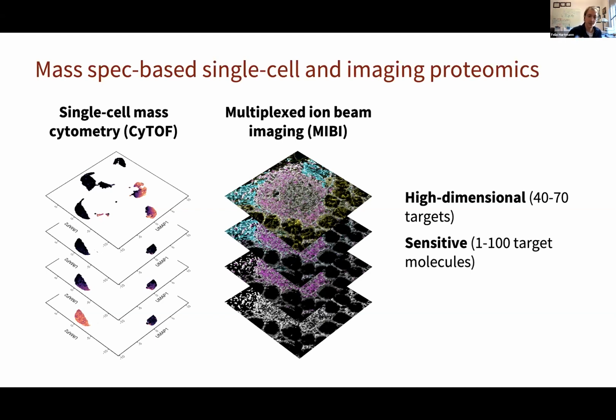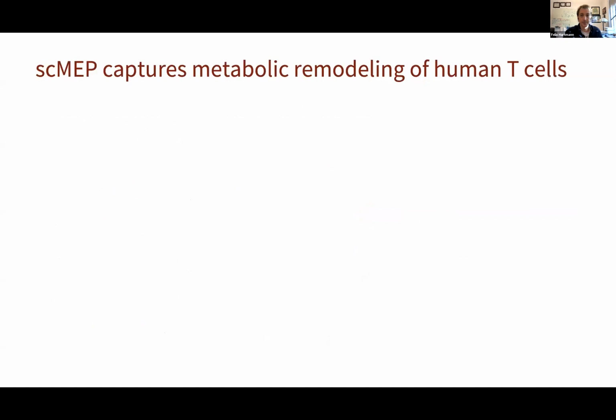In some cases, depending on the exact channel, you can get down to single molecule sensitivity. And another really important point is that they're really fast. With CyTOF, you can do millions of cells a day, or you can look at hundreds of fields of view, for example, with the imaging platform. So really allowing us to look at this in human clinical cohorts, for example.